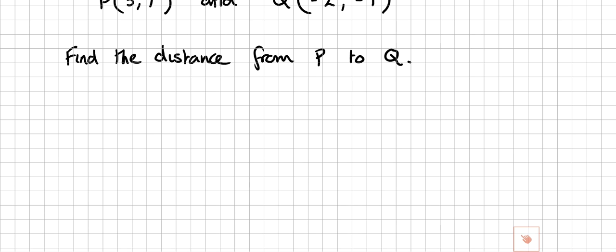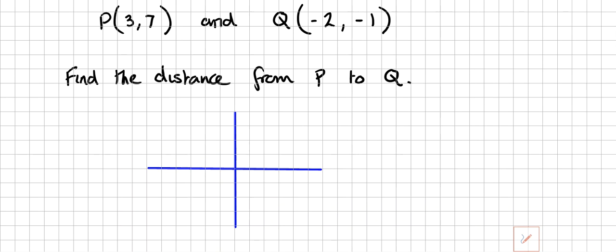I do a little rough sketch of a grid, like this. I don't put any numbers as such. It just gives me a good idea where P and Q should be. So I'm just going to put P, 3, 7, it's about up here, right? Point P is at 3, 7.